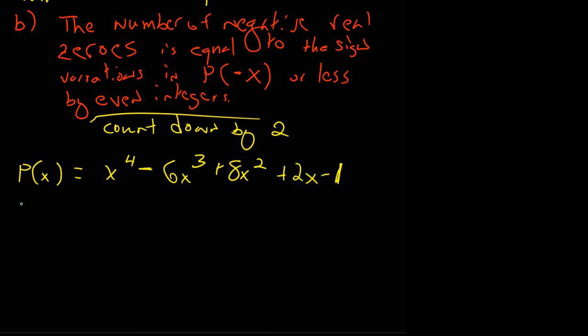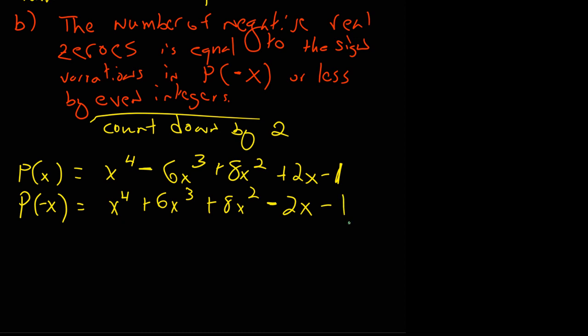So to find the negatives, I want to put in negative x. Well, a negative to an even power is positive, so that'll stay the same. A negative to an odd power is negative, so that changes. A negative to an even power stays the same. So notice how I'm changing the sign of my odd powers and keeping the sign of my even powers.